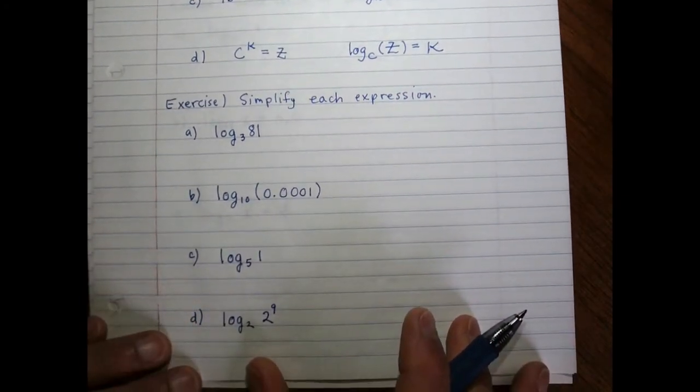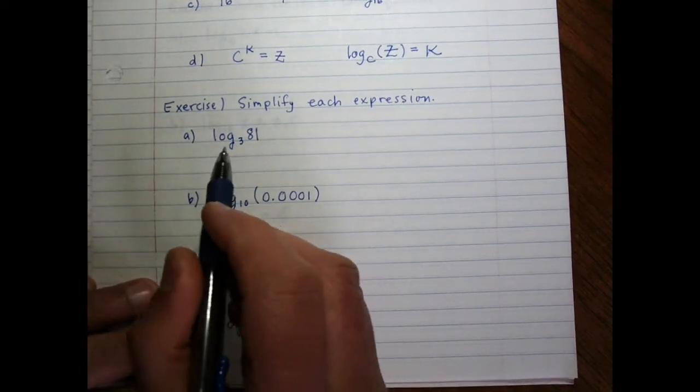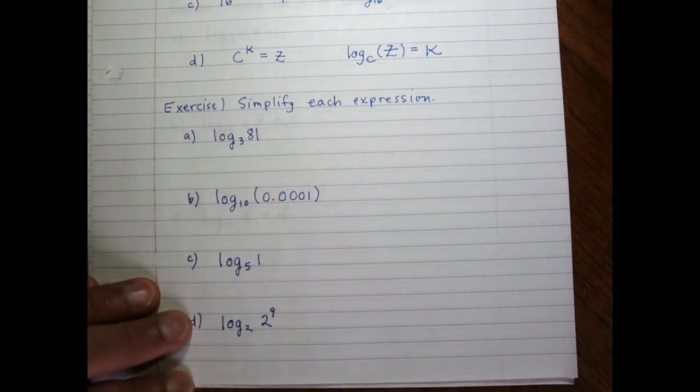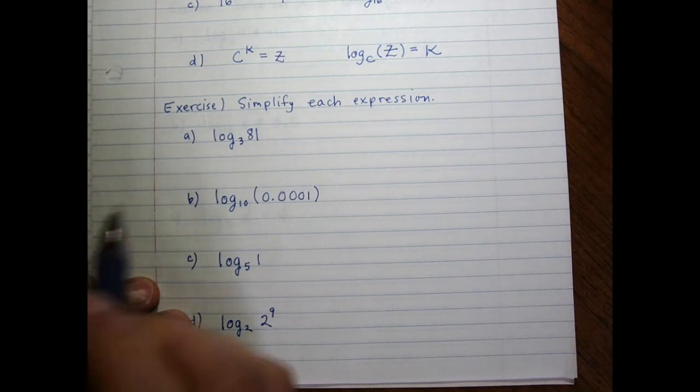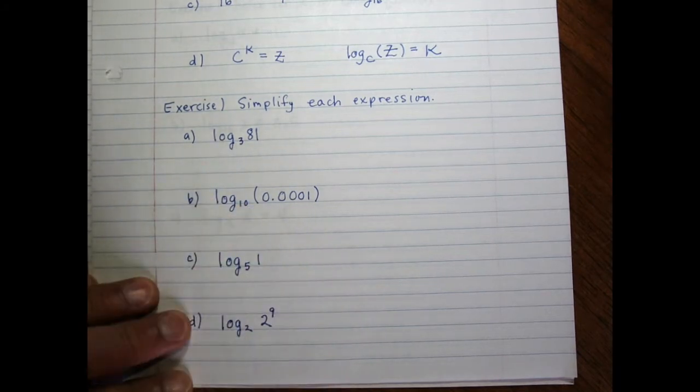Okay, now we're going to do a few simplifying exercises where these expressions can be expressed in a much simpler way, and we've got to figure out how to do that. A is log base 3 of 81.